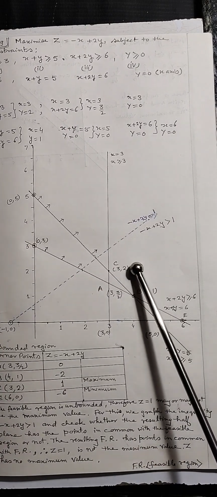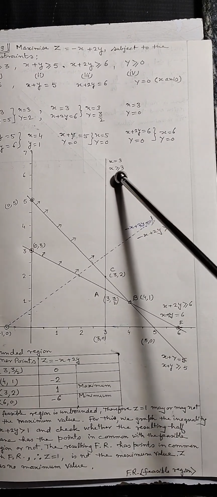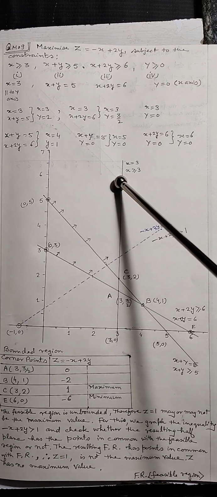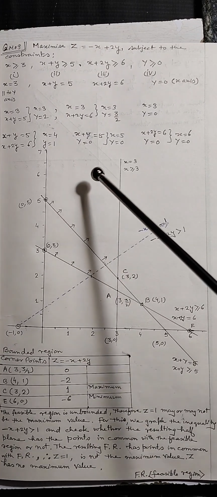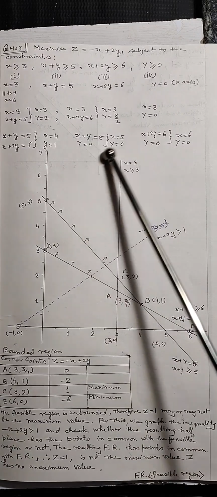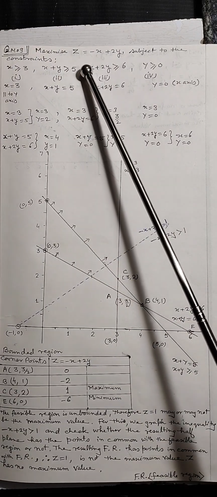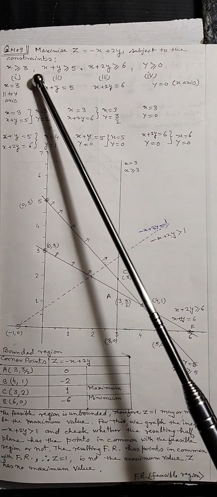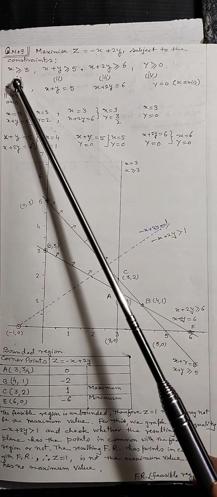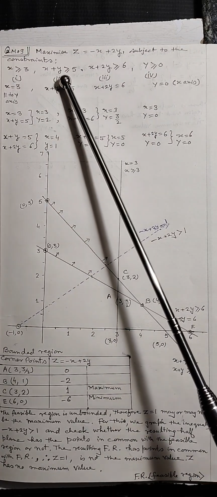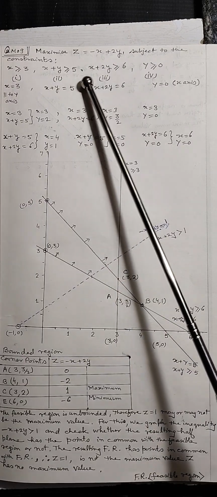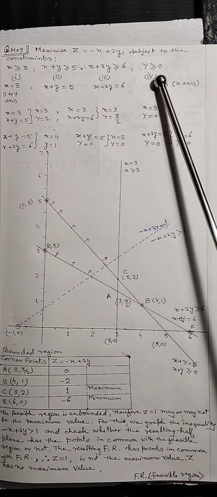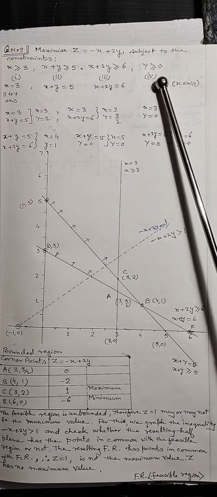Now come to question number 9. Maximize z equal to minus x plus 2y subject to the constraints x greater than or equal to 3, x plus y greater than or equal to 5, x plus 2y greater than or equal to 6, and y greater than or equal to 0.